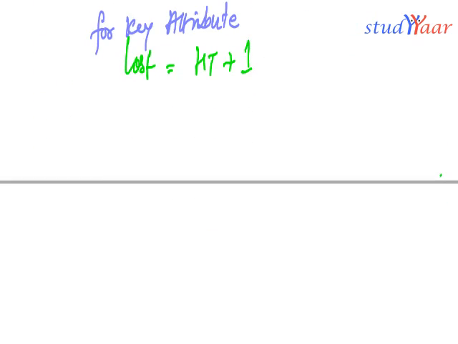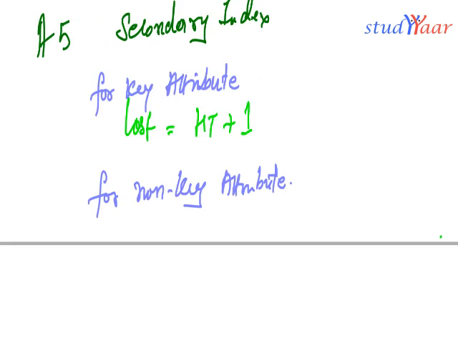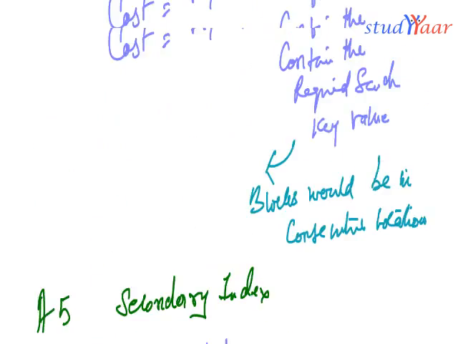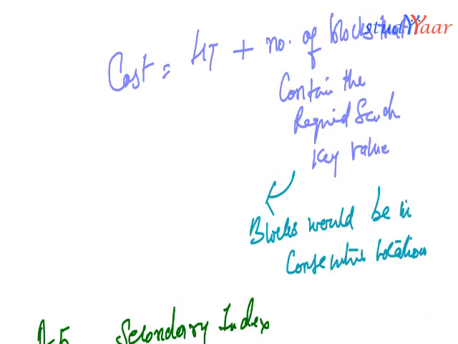However, if my attribute is non-key, then I can have many records with the same value, and now my cost becomes very high, because my cost is height of the tree plus number of records retrieved. Just understand over here, the cost is height of the tree plus number of records retrieved for A5, and for A4 it is number of blocks retrieved.